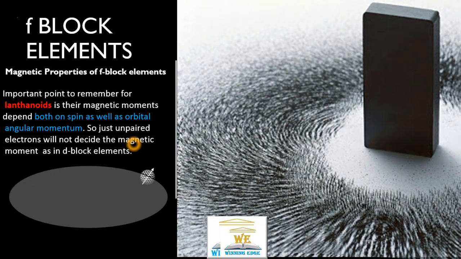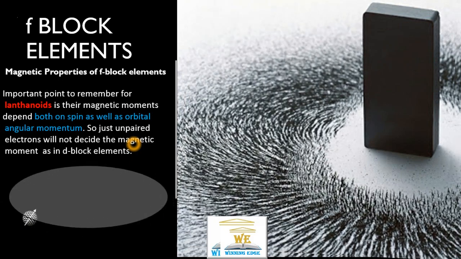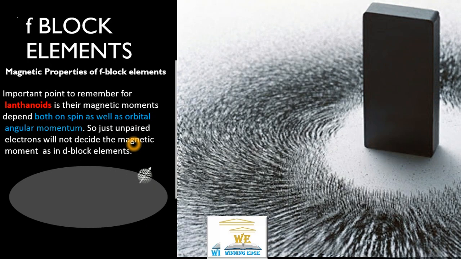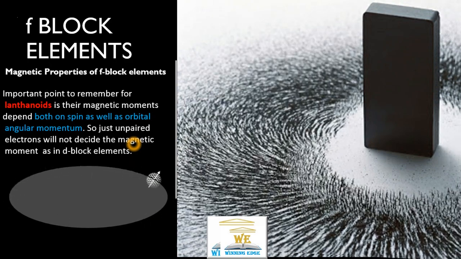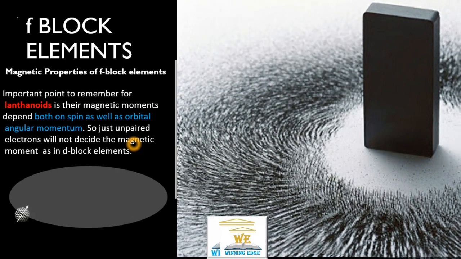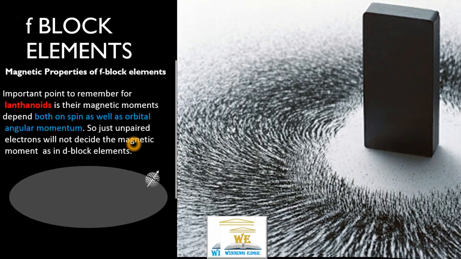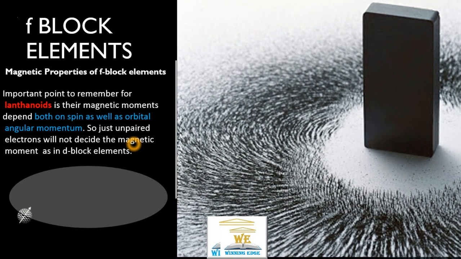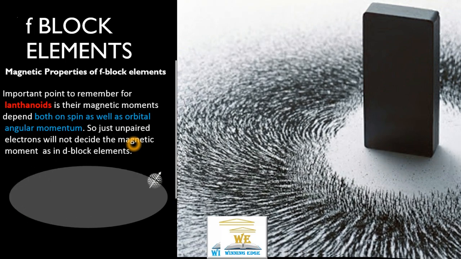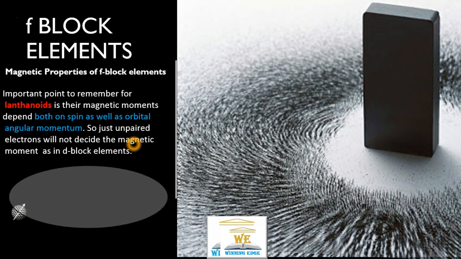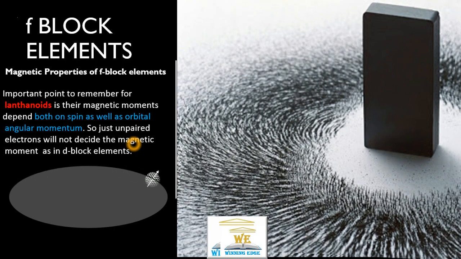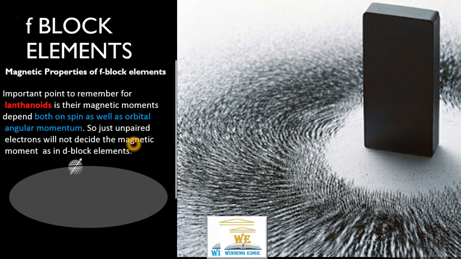That is the reason only unpaired electrons is not the concept to drive magnetic properties of our lanthanoids. For the same reason, neodymium has a higher magnetism compared to other elements in the lanthanoid series.